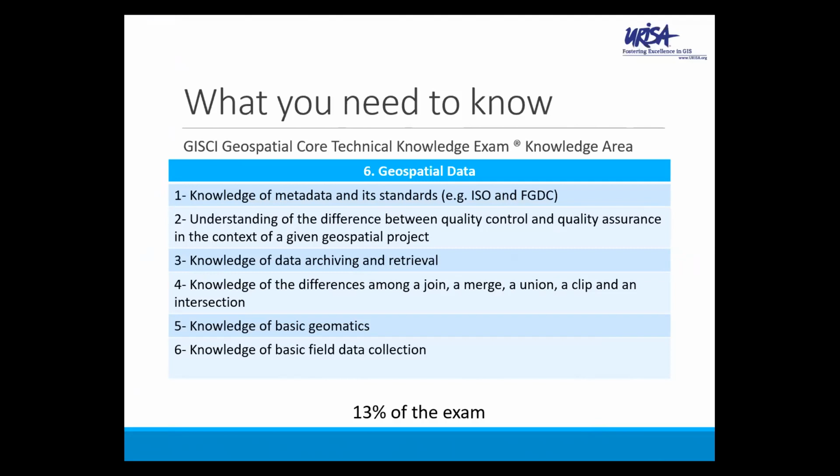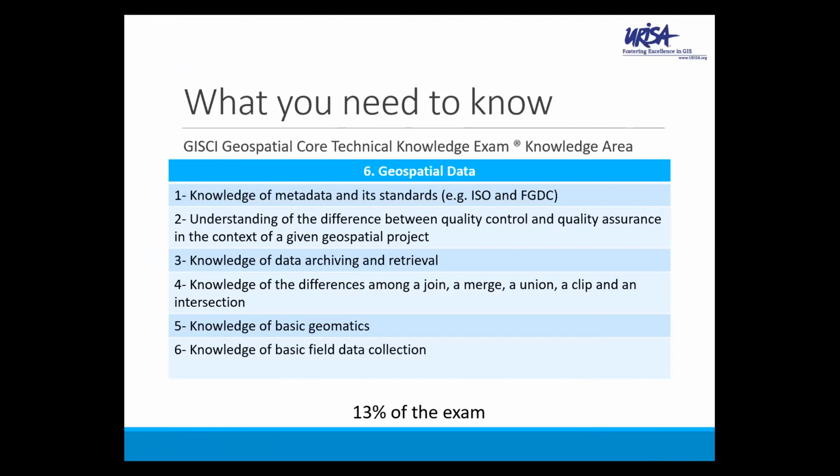The fourth area revolves around knowing some real basic geoprocessing tools: joins, merge, unions, clips, and intersections, which of course all have their basis in mathematics. The fifth area is a knowledge of basic geomatics. And being a bit of a geodesist, we'll talk about things like datums and projection systems.